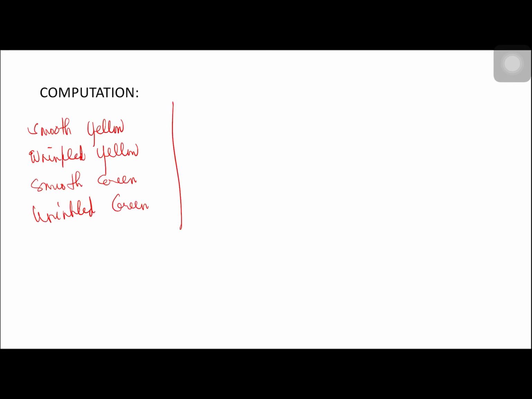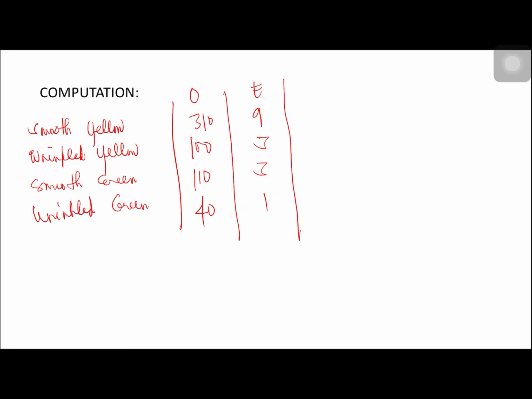Given our observed frequencies, we have 310 smooth yellow, 100 wrinkled yellow, 110 smooth green, and 40 wrinkled green. For our expected frequencies, we are given the ratio 9:3:3:1. So this is our ratio.